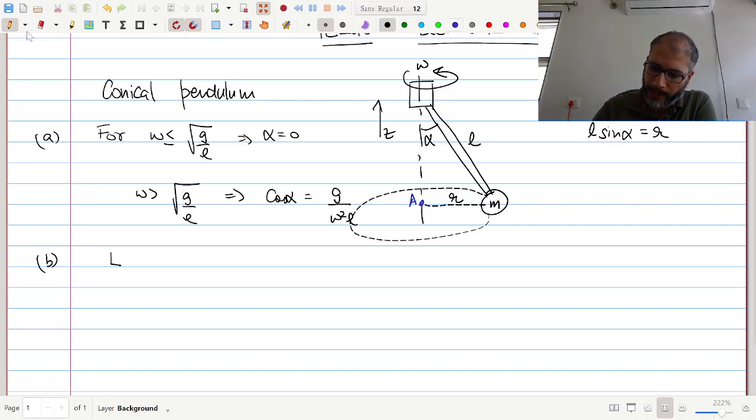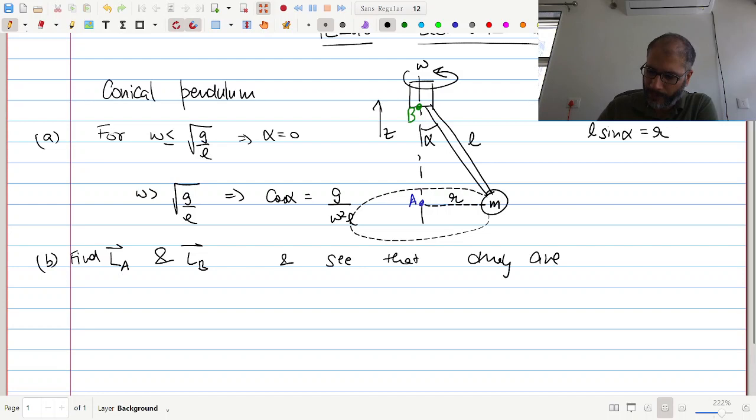And then the other point around which we are interested to find the angular momentum is point B. So we have to find LA and LB, and see that they are different.